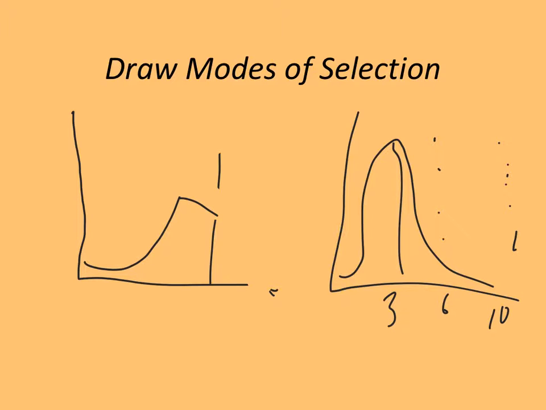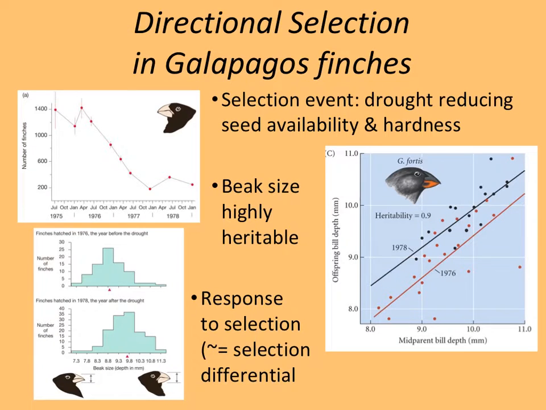Okay, that is also directional selection. Whether it's shorter or longer, it can be directional selection. Some people think, oh, it's different. No, it's the same sort of thing. So here's an actual example.